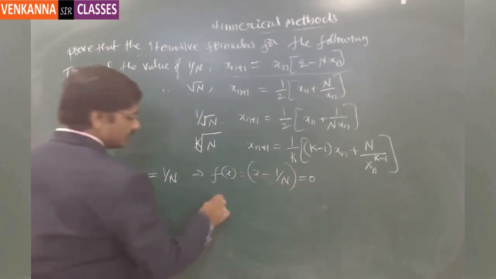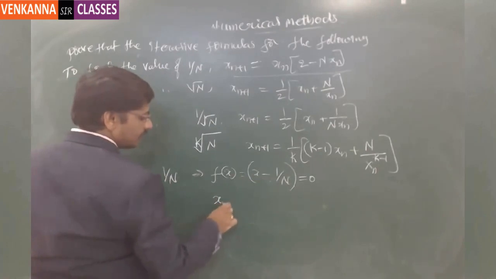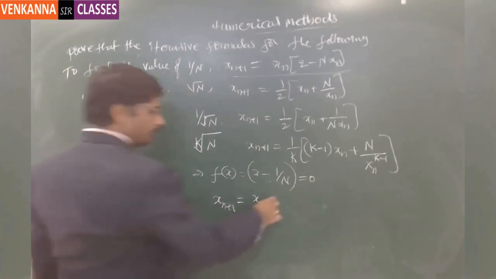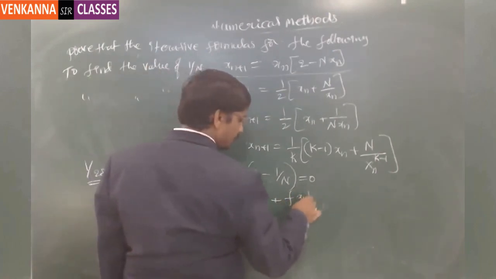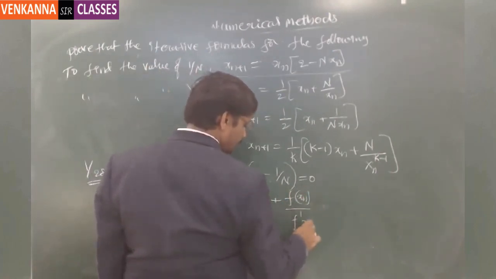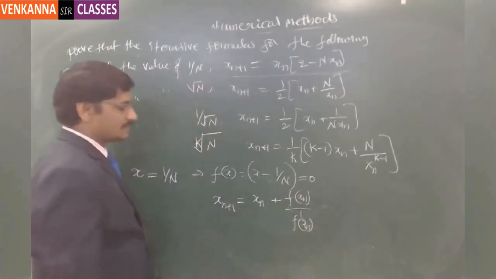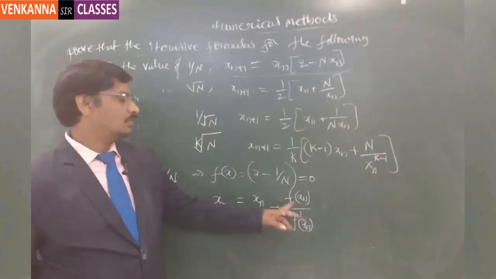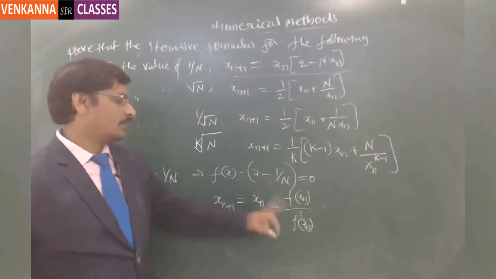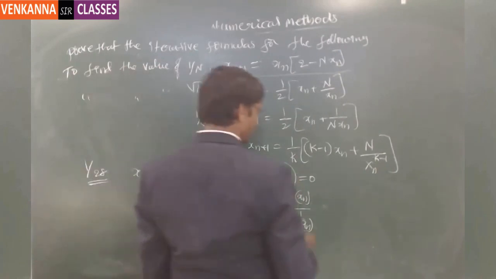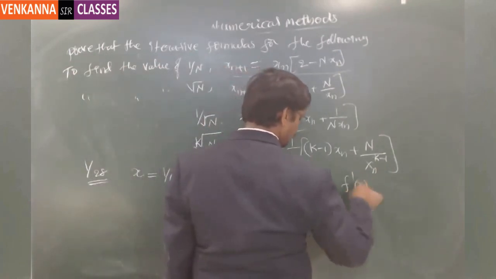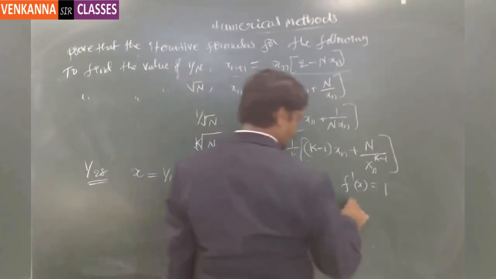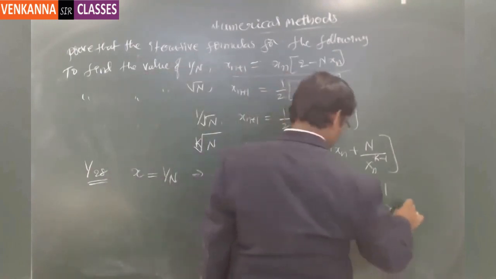Now, as per the Newton-Raphson method, x n plus 1 is nothing but the previous value x n minus f of x n divided by f dash of x n. This is the value of the next approximation with the help of the Newton-Raphson method. Now you can find f of x and f dash of x. f dash of x is equal to 1 and f of x is equal to x minus 1 by n.